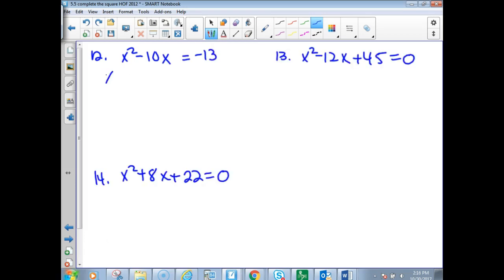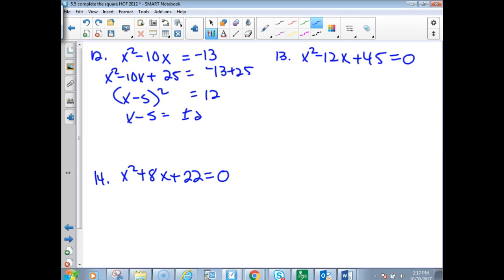Okay, I'm going to go real quick, see how we did. How'd we do? 5 plus or minus 2 square roots of 3 for number 12.